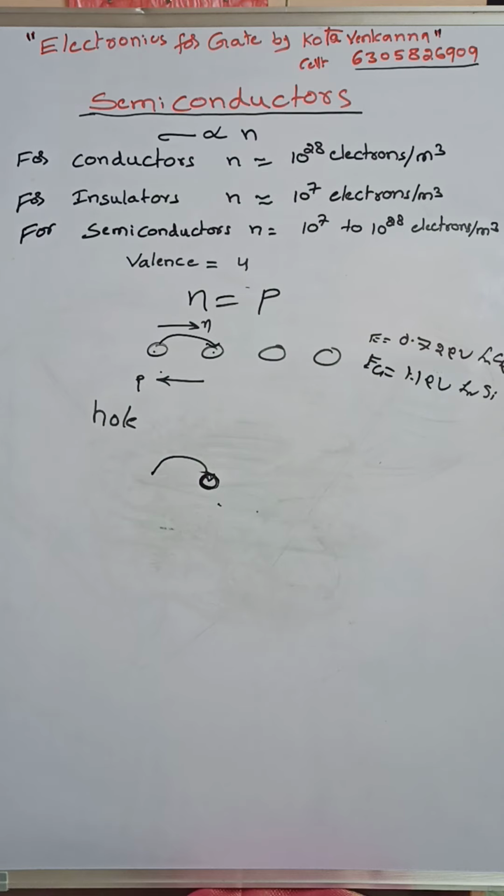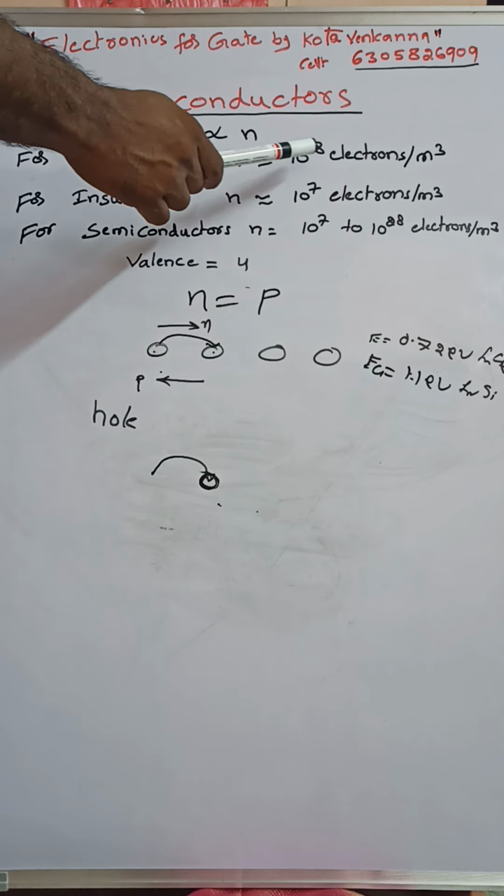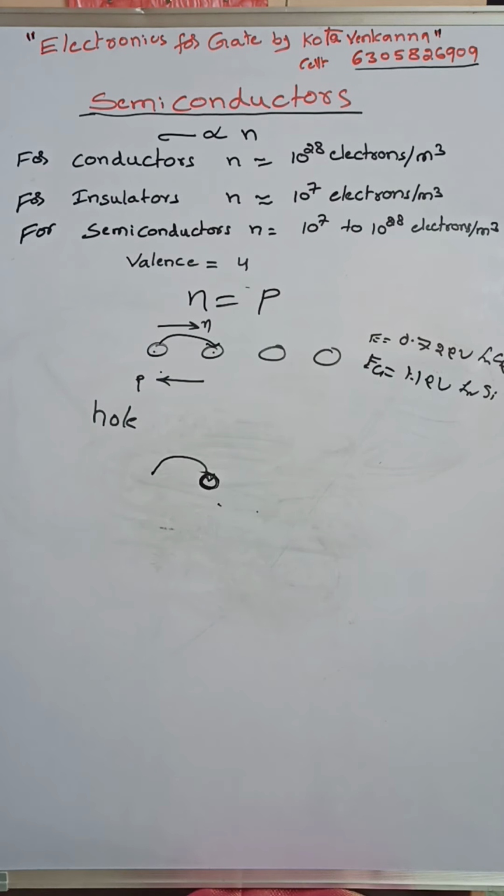For conductors the concentration of free electrons is approximately 10 power 28 electrons per cubic meter, and for insulators it is 10 power 7 electrons per cubic meter.